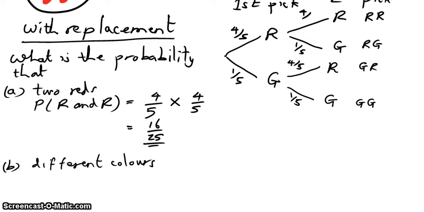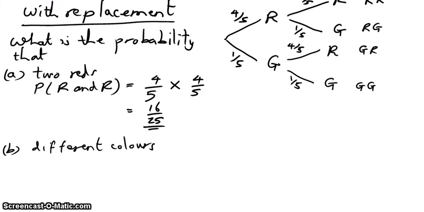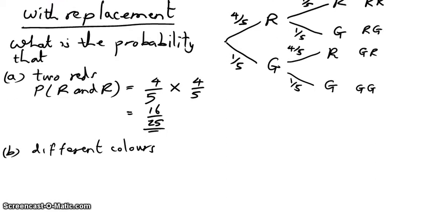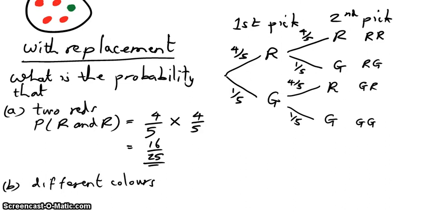Okay, that's it. Now, think about this scenario. Different colours, what does that mean? Okay, it means that we could do a red followed by a green. That would give us different colours. Or, notice the word or, I've got another option, which is I could get a green first and a red second. Alright, so that's what the branches look like now.